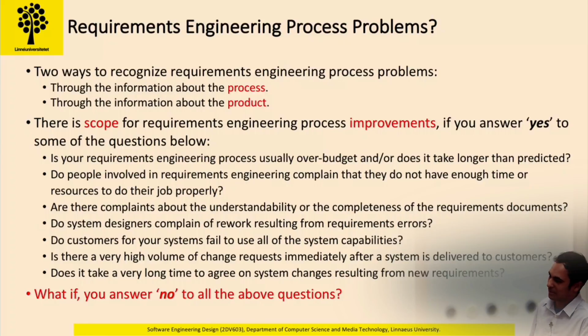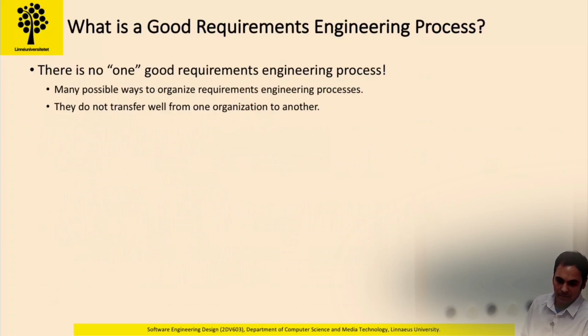It's very simple, because if you say no to all of this, that means your requirements and your products are perfect. So you don't need to have any requirements engineering approach even. But in reality it's not. So that's the reason why there is requirements engineering and the requirements engineering process.